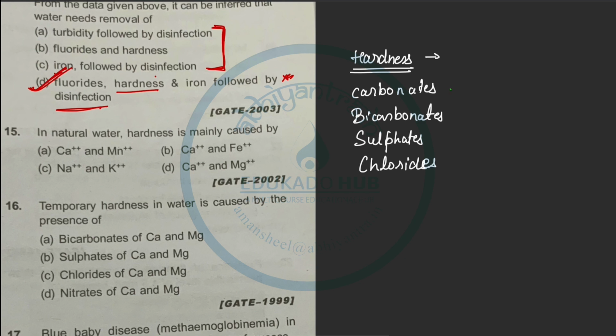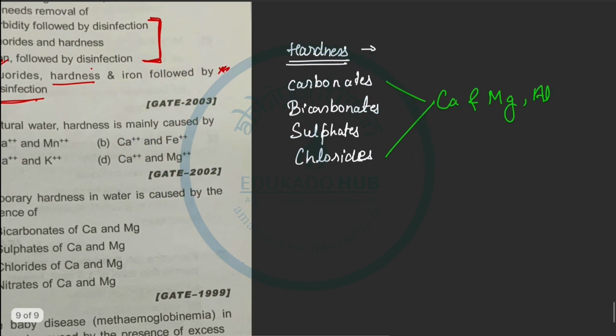Of calcium and magnesium. Calcium and magnesium, we can say aluminum sometimes. These are all multivalent cations.